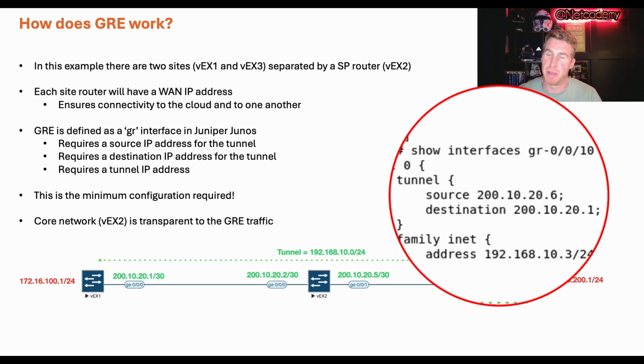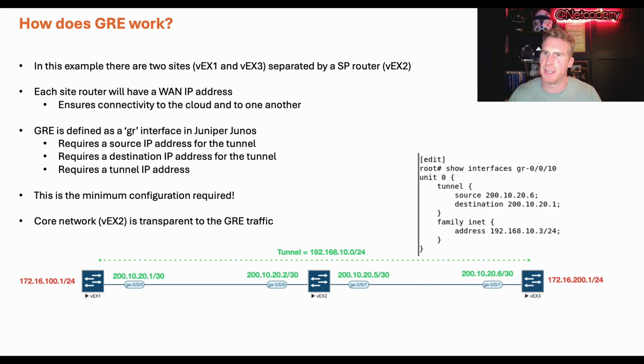Also, the family inet address is 192.168.10.3, the .3 being for VEX3. So the point here is that the GRE tunnel is referencing the IP address of the WAN interface on VEX3, and it's saying, this is where I'm going to build a tunnel from, and this is where I'm going to build it to. And coming back to the point that this needs to be routable, if you look at it from VEX3's perspective, the destination for the tunnel is 200.10.20.1, which is the ge-0/0/0 interface on VEX1.